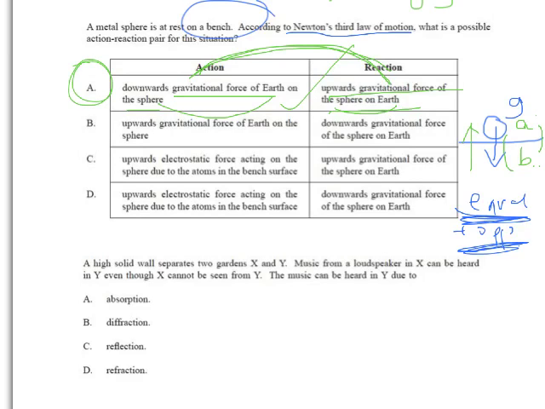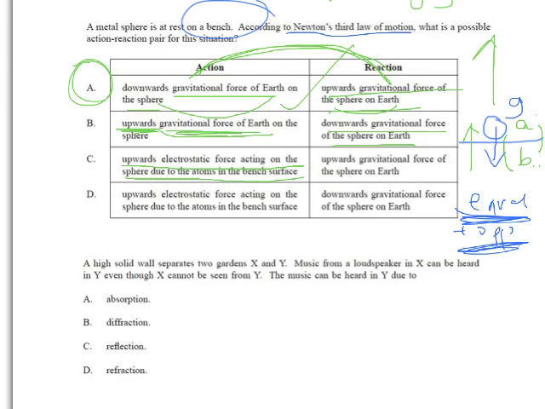Could it be the upwards gravitational force of the Earth on the sphere, or the downwards gravitational force of the sphere on the Earth? It could be, but it just happens to be nonsense. How can the gravitational force of the Earth on the sphere be upwards? That would mean that the sphere went flying upwards, which it clearly doesn't. C, could it be the upwards electrostatic force acting on the sphere due to the atoms on the bench?